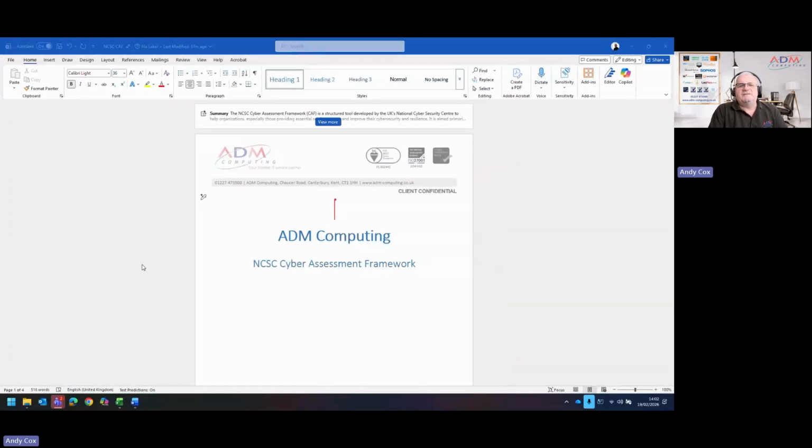Okay, so the cyber assessment framework is a tool that has been implemented by the NCSC, the National Cyber Security Centre. Bear with me a second, my scrolling's not working. There we go.